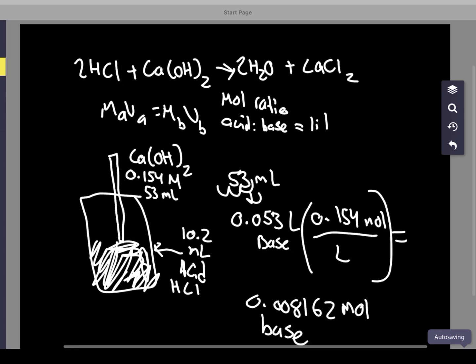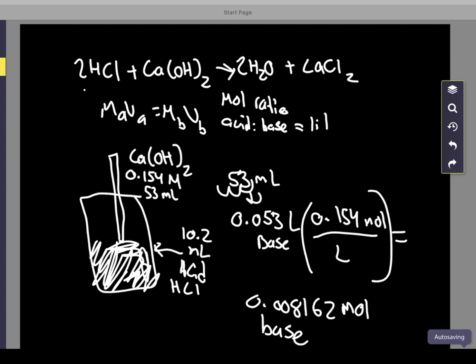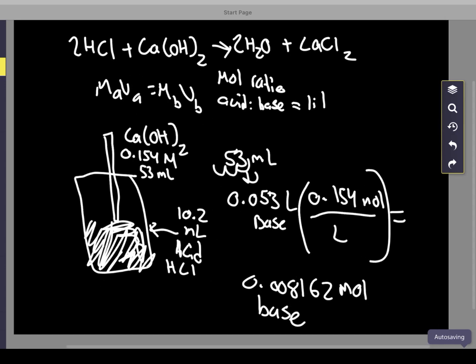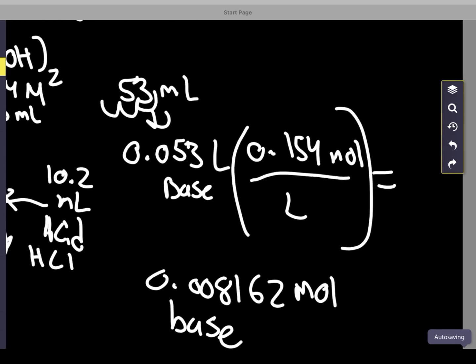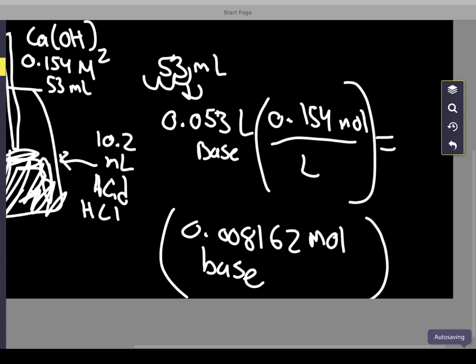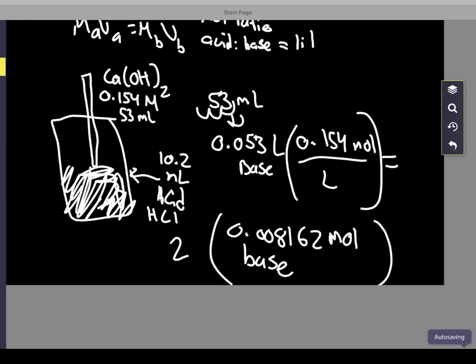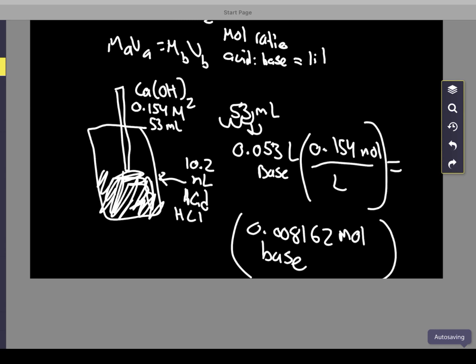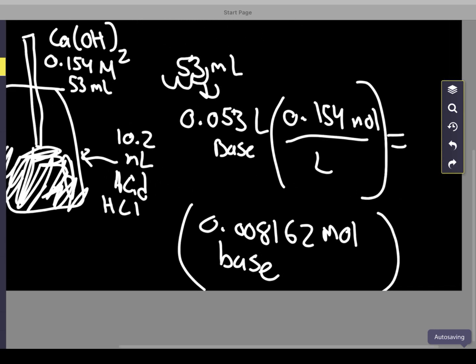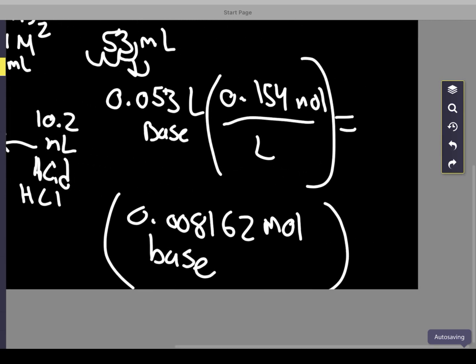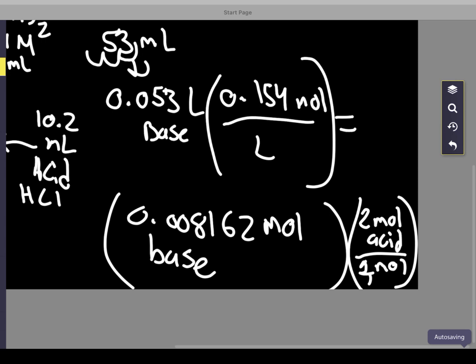Alright. Now in the reaction, there's 2 times as much acid as base. Meaning that if we have this much base, we must have 2 times this amount of acid. So we have to multiply this quantity by 2 to find the amount of acid. And in chemistry dimensional analysis, you would have 2 moles of acid for 1 mole of base.